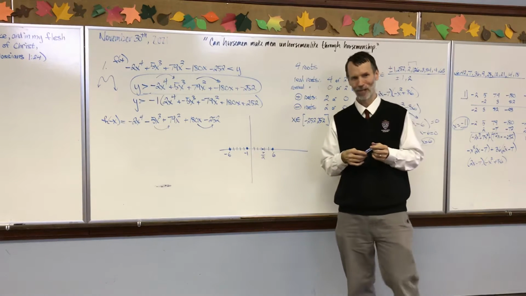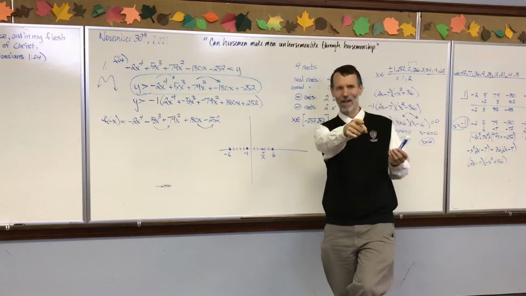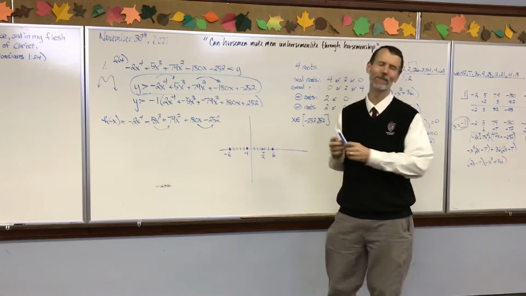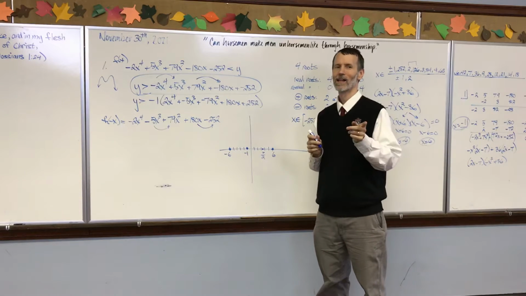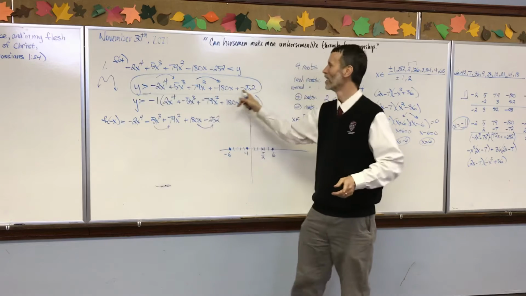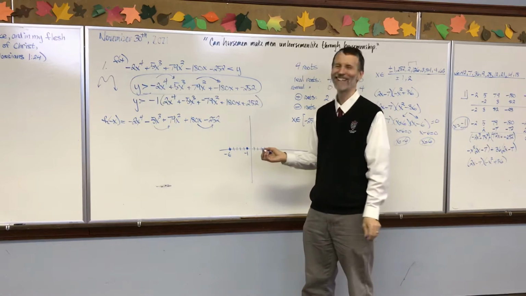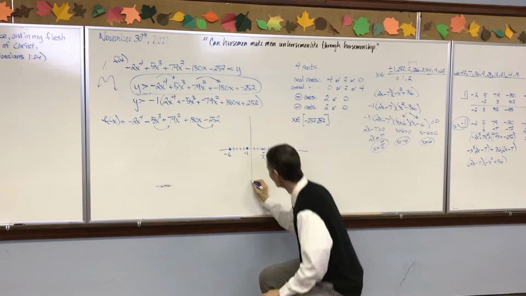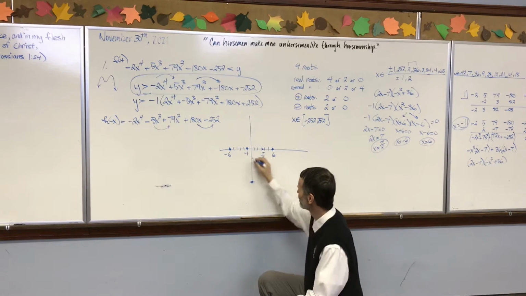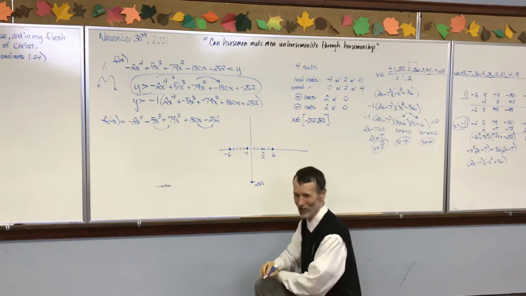What other point might we be able to get relatively easily? The y-intercept. How do you get the y-intercept? 0 for x. What would you get? Negative 252. Way down here, let's just fast forward down here. This is negative 252. There's your point.